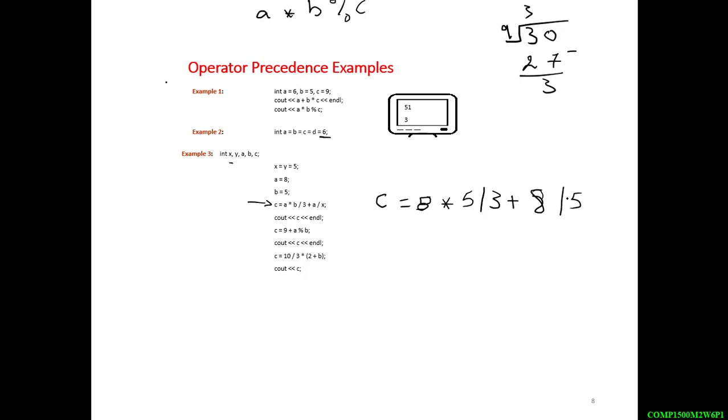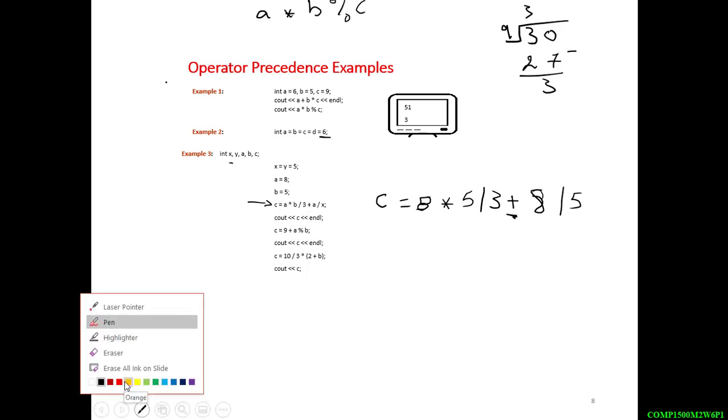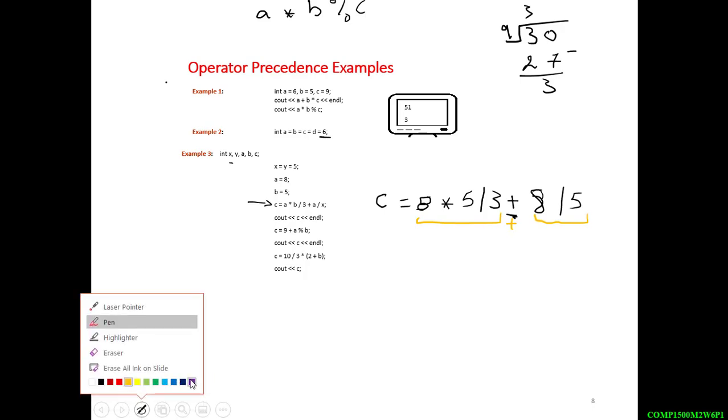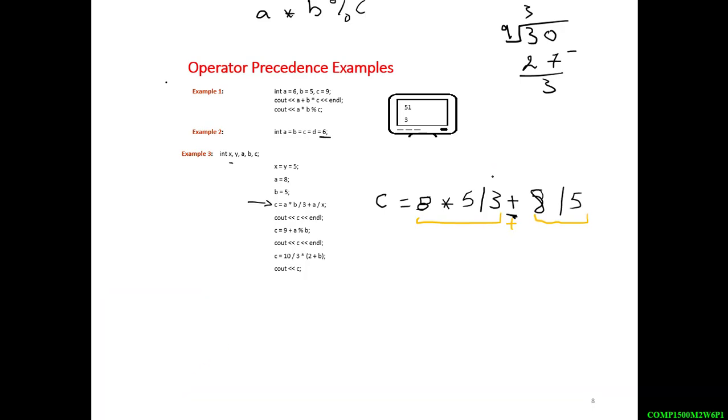So the first part over here, since multiplication and division are of the same level, we have to multiply 8 multiplied by 5, which is 40, over 3, plus 8 divided by 5, which is 1.